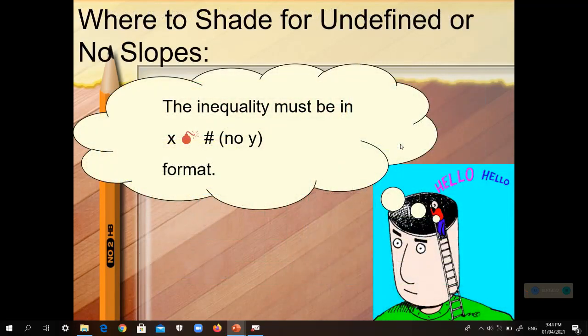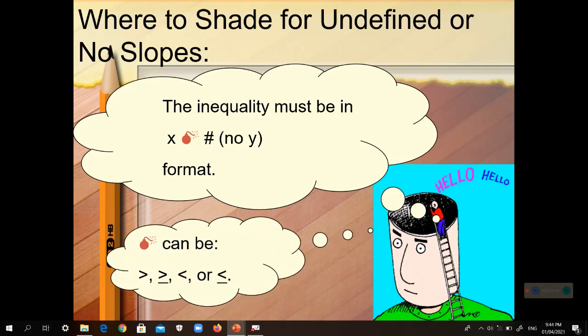Okay, so where to shade for undefined or no slopes? The inequality must be in x, no y format. Okay? So, this can be greater than or equal to, less than or equal to. Okay? For example, x is greater than 3. Okay? Something like that.